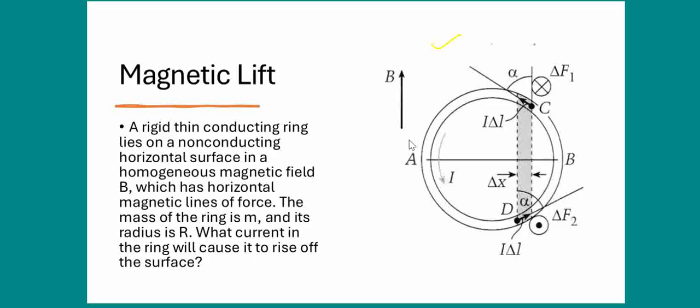And we choose two small elements of length delta L, this one and this one, both of them, and they are located obviously at points C and D, and basically they are symmetrical to the ring's diameter.